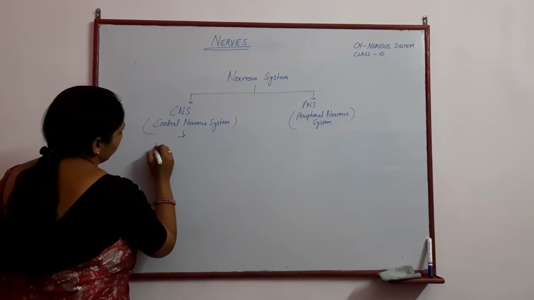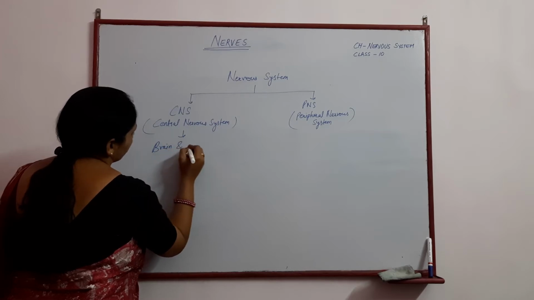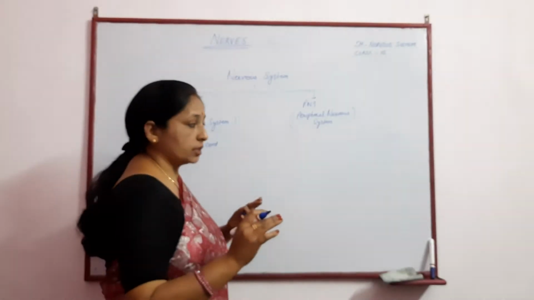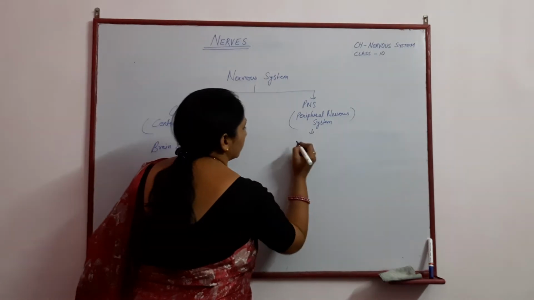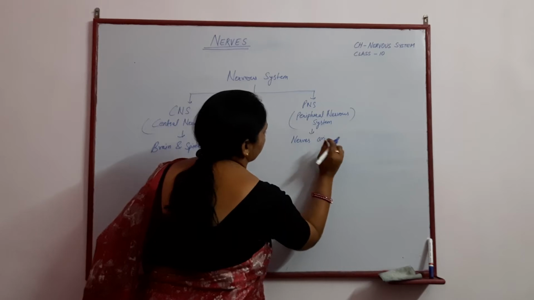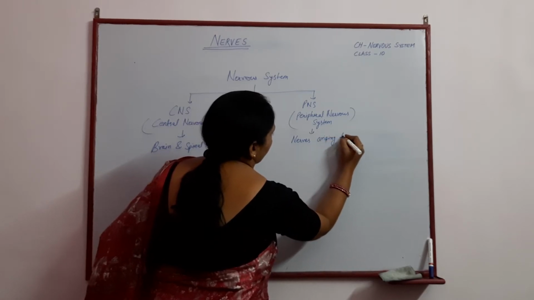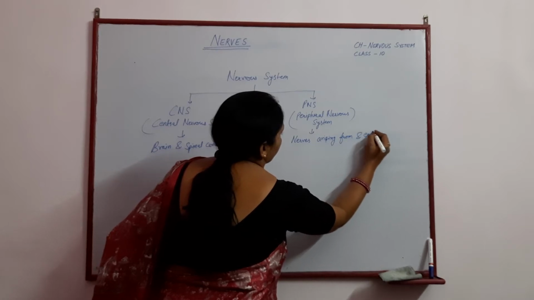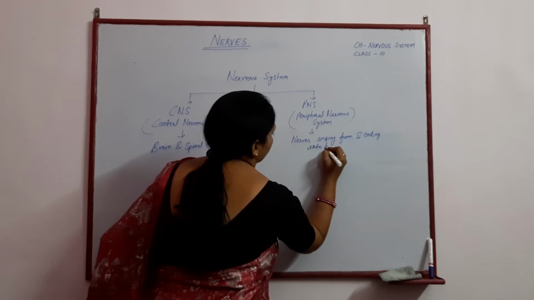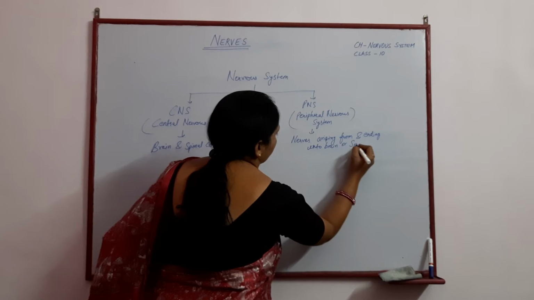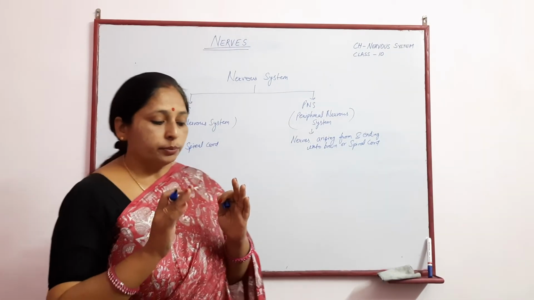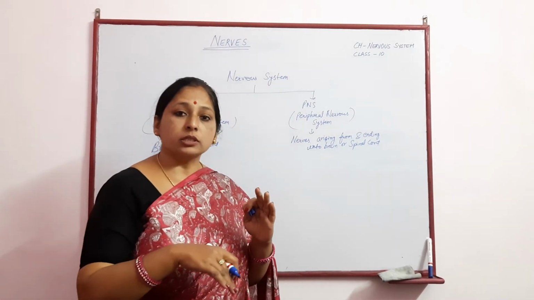The central nervous system is related to the brain and spinal cord, while the peripheral nervous system constitutes the nerves arising from and ending in the brain or spinal cord.